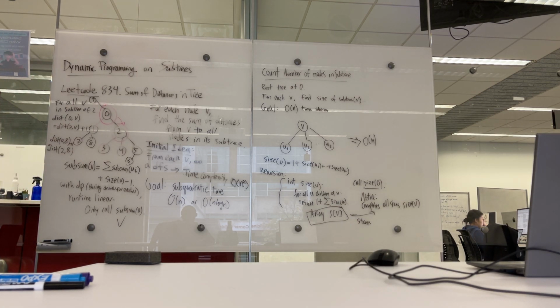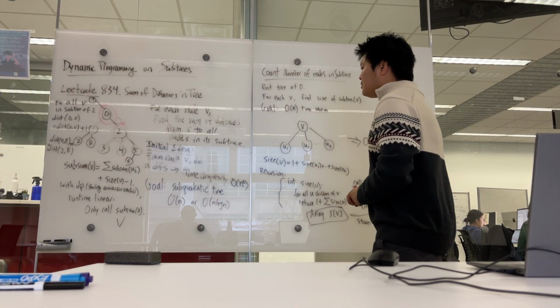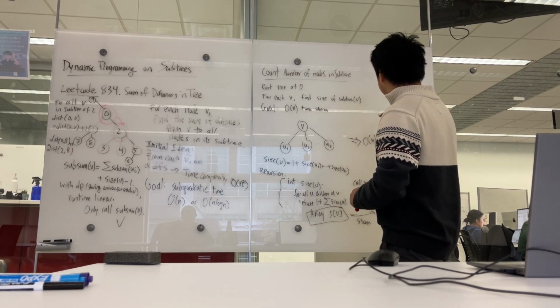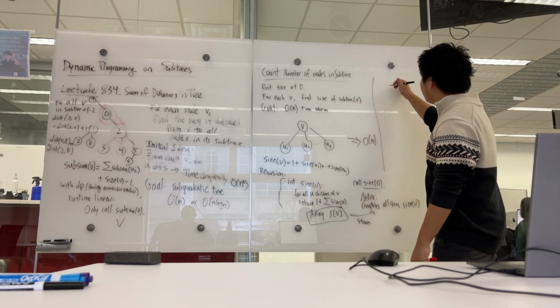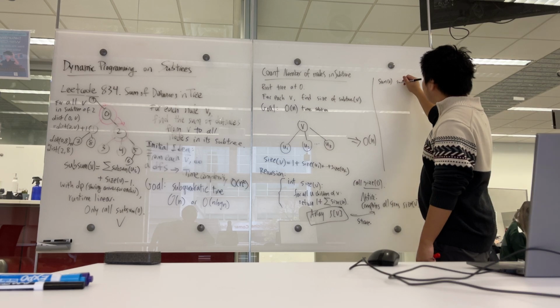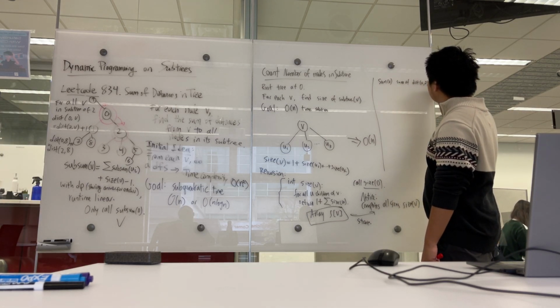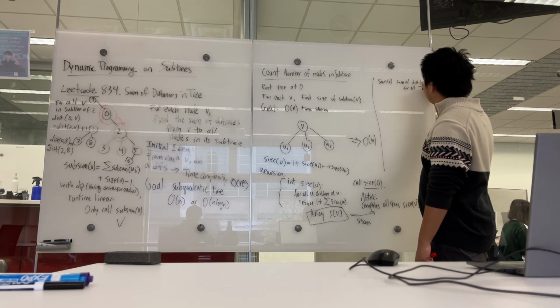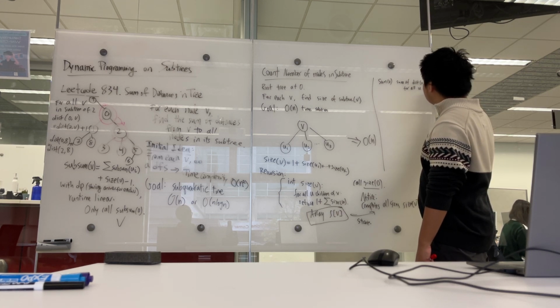Okay, so let's write this as a mathematical equation. Let's say that I'm going to write sum of v as the sum of distance from v to u over all u in the graph, all vertices.